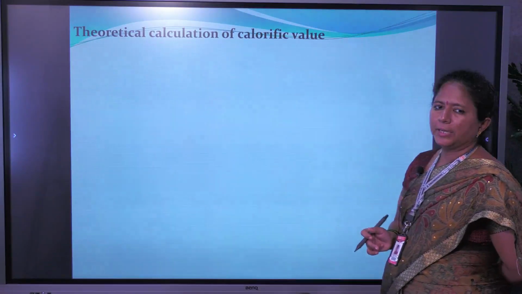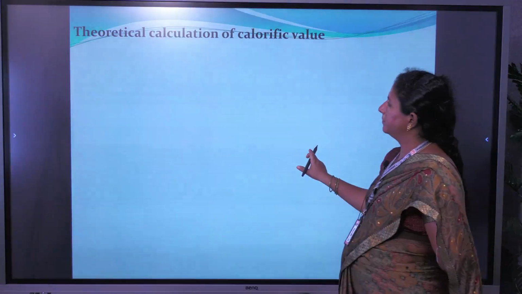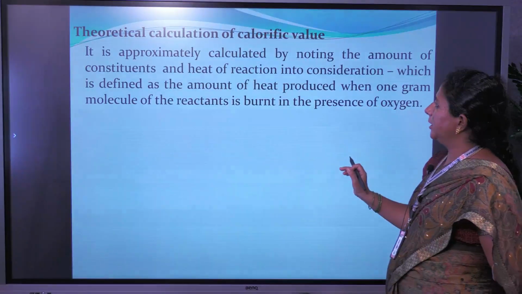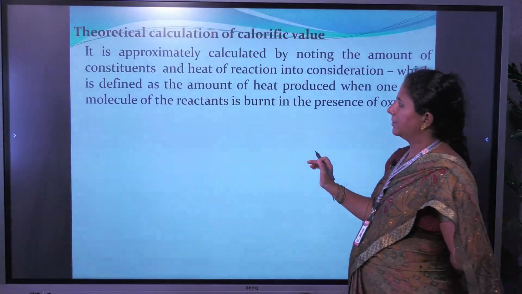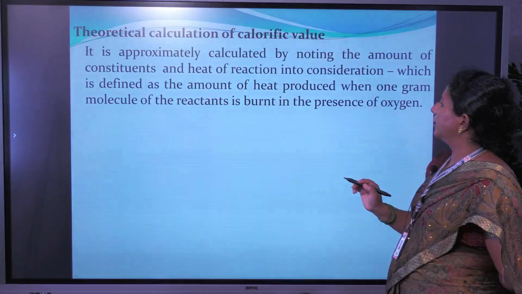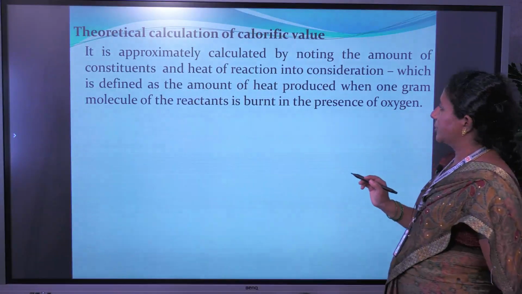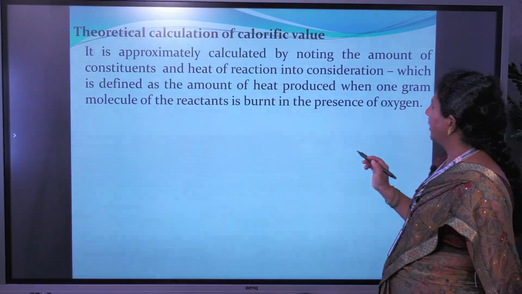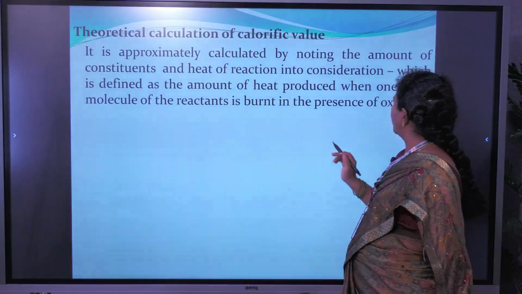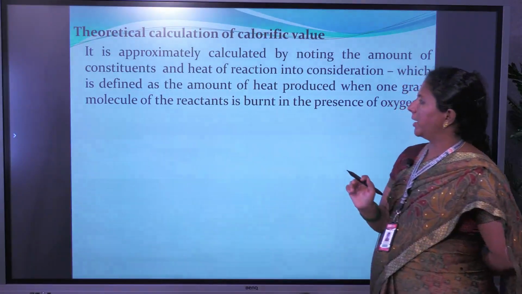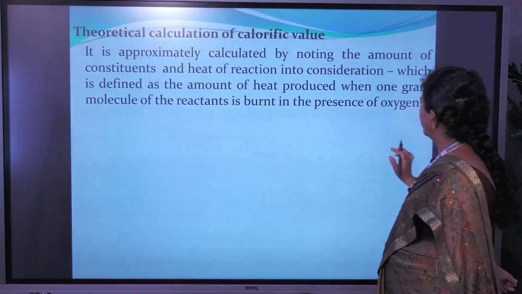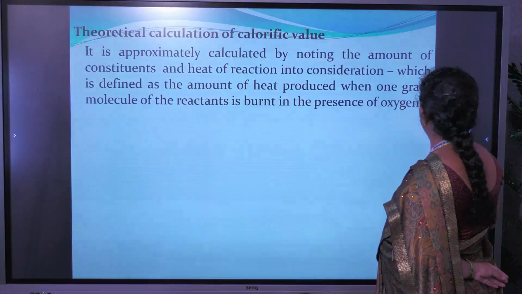Next, theoretical calculation of calorific value. Theoretically, we calculate it by approximating, noting the amount of constituents and heat of reaction into consideration, which is defined as the amount of heat produced when 1 gram of the reactants is burnt in presence of oxygen.